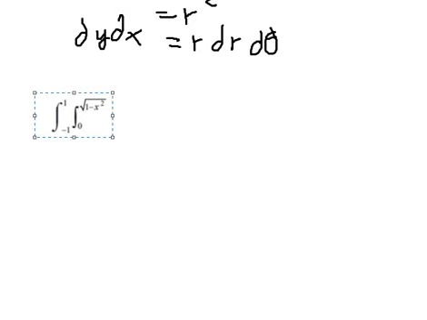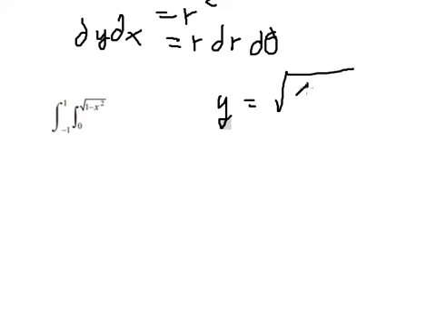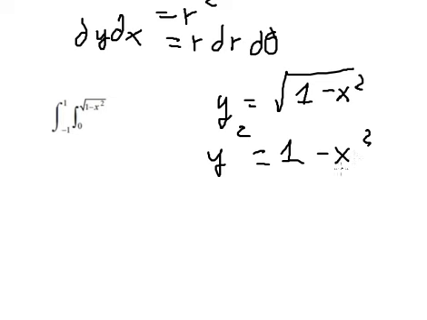So we need to draw the diagram. This one is about y, so we have y equals the square root of 1 minus x squared. So we square both sides. And we put this one go to the left.